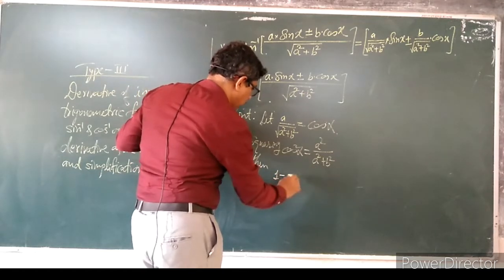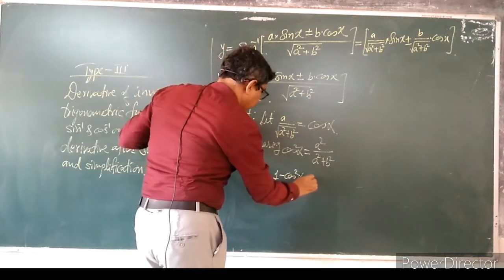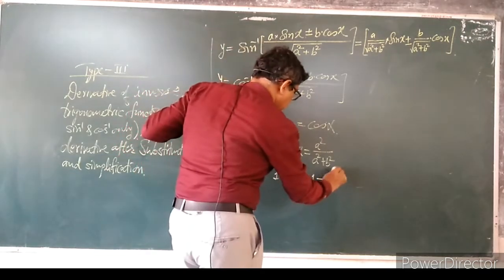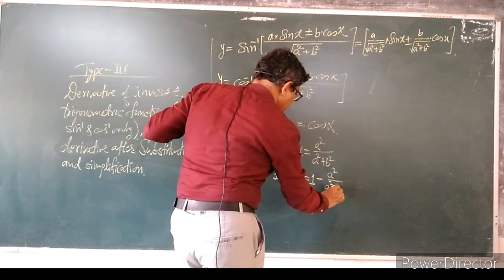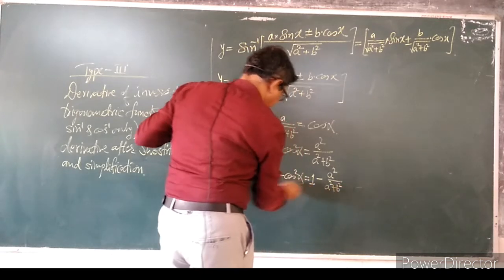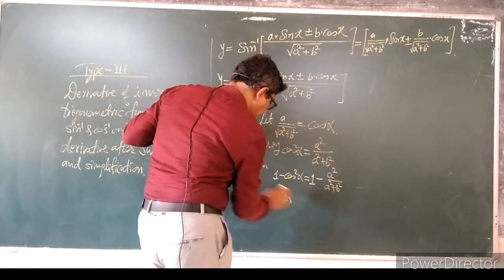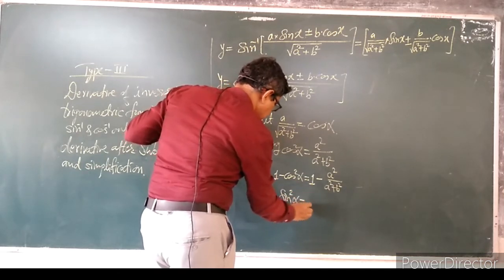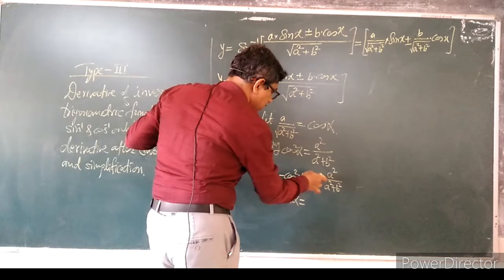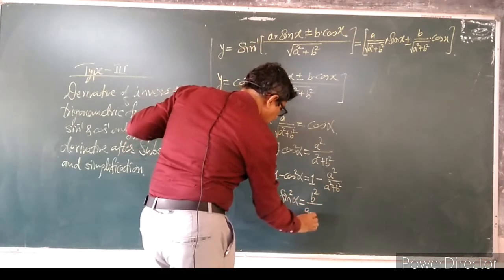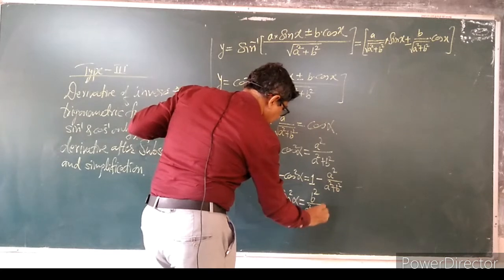Then subtract this from 1. 1 minus cos square alpha is equal to 1 minus a square divided by a square plus b square. And we have 1 minus cos square alpha is sin square alpha, which is equal to, cross multiplying, a square plus b square minus a square, and we are getting b square upon a square plus b square.